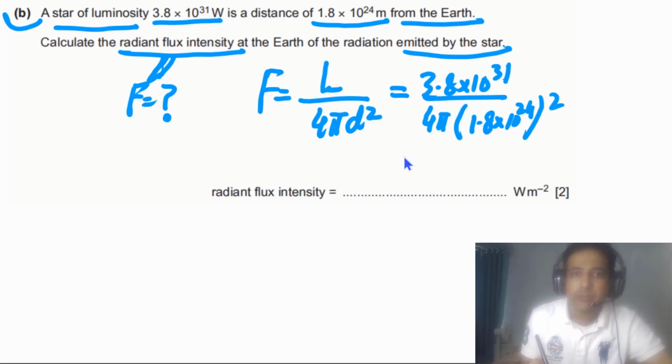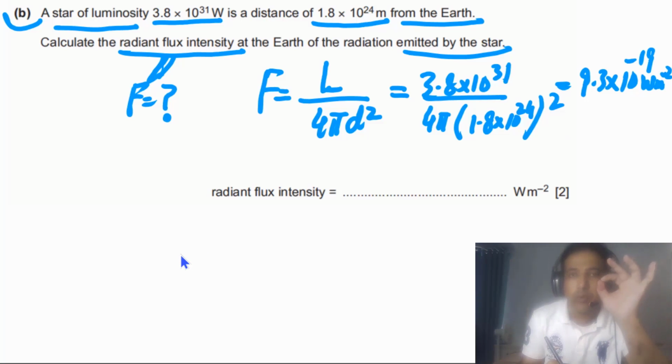Now if we solve this one, we will get our final answer, that will be equal to 9.3 times 10 to minus 19 watts per square meter. So it simply means that if we take 1 square meter area at the surface of our planet, the power we will receive in 1 second is equal to 9.3 times 10 to minus 19.